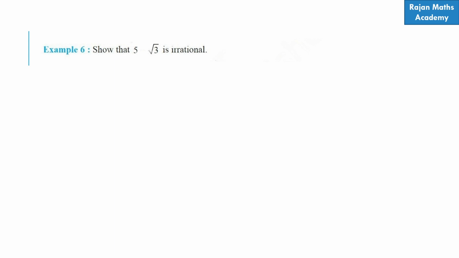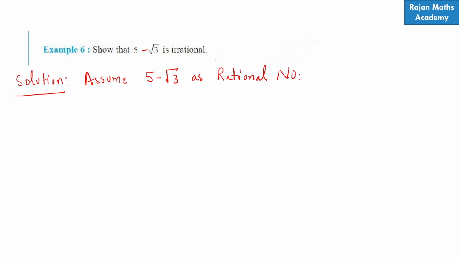Next, example 6. Show that 5 minus root 3 is an irrational number. Solution. Assume 5 minus root 3 as a rational number.